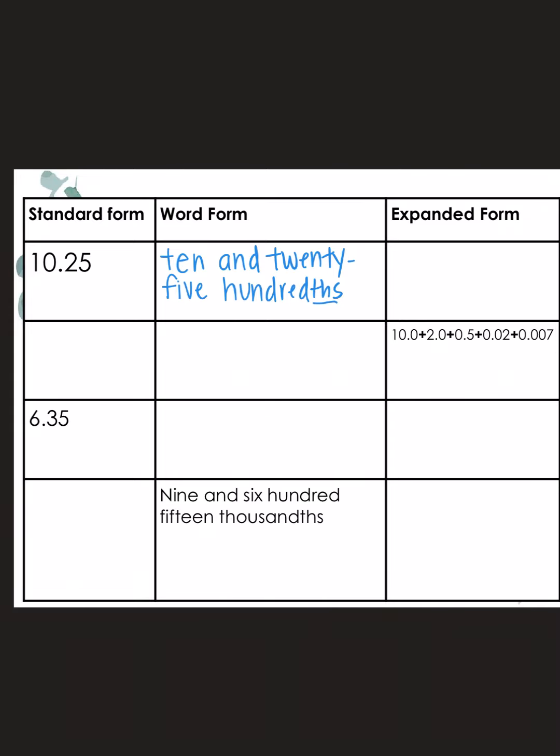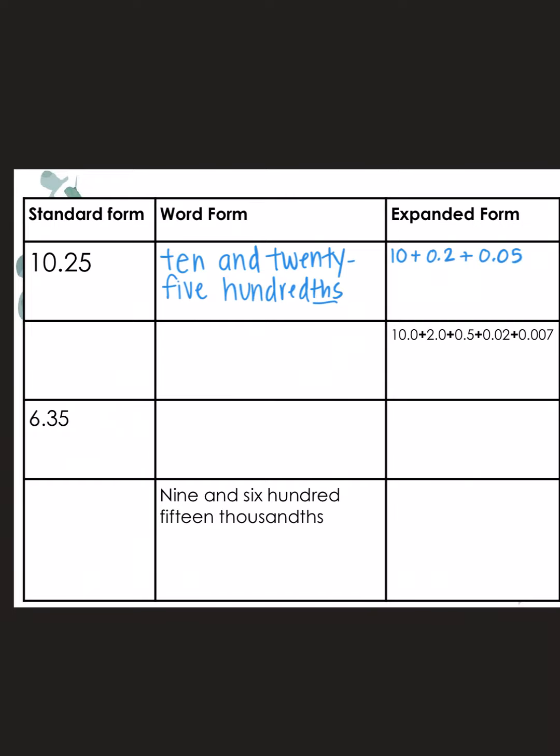In expanded form, you have to break it up by each place value and add them together. So you have 10, you could also say 10.0, plus 0.2 because we're looking at the tenths place, plus 0.05 because we're looking at the hundredths place only.